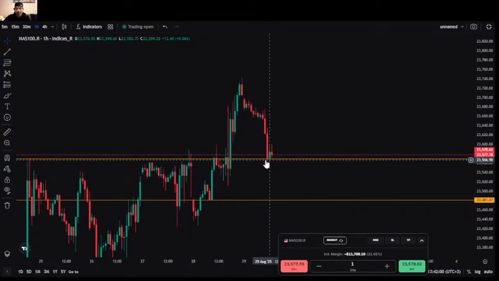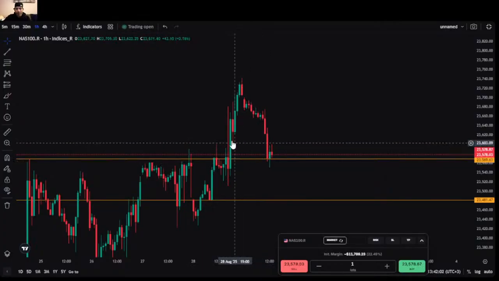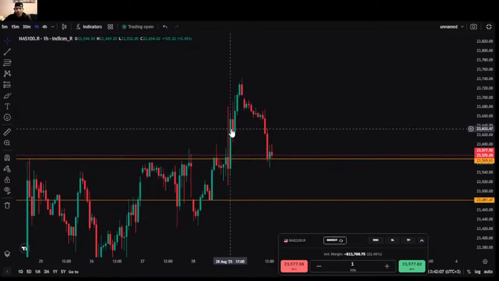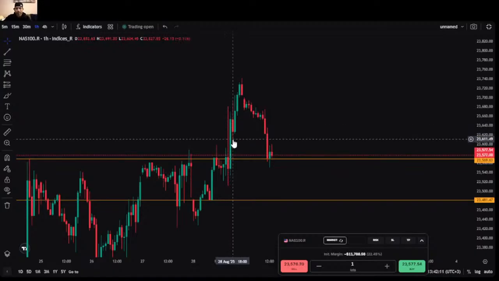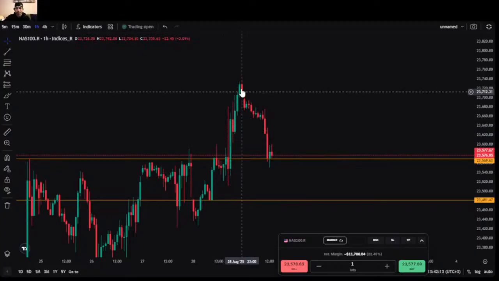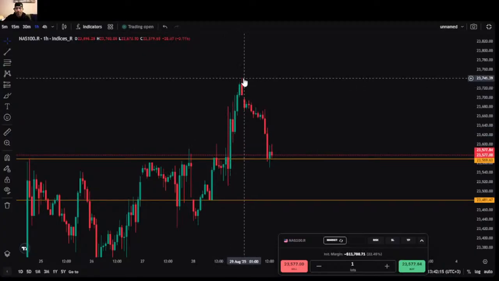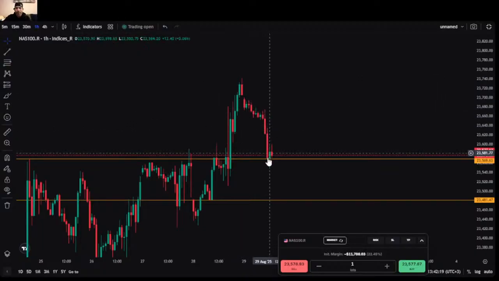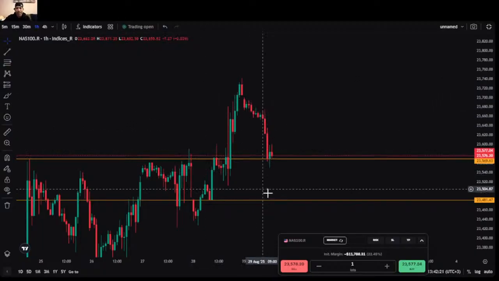Yesterday I had taken sells right around here. Took some sells here, and then we did come down into some profit, then we went into drawdown. But now we've been holding this trade. I have that on my signals platform.